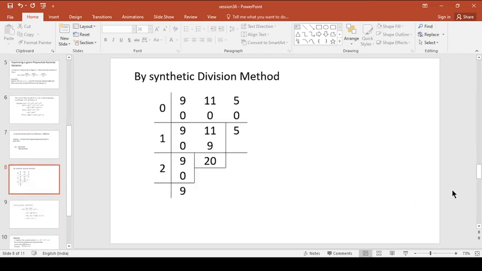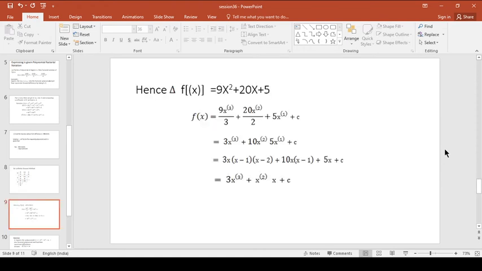And by the method of synthetic division, we can write this way. In the first row, we write the corresponding coefficients 9, 11 and 5. Using the method of synthetic division, we can solve this, and then we get the first forward difference of f of x as 9x square plus 20x plus 5.